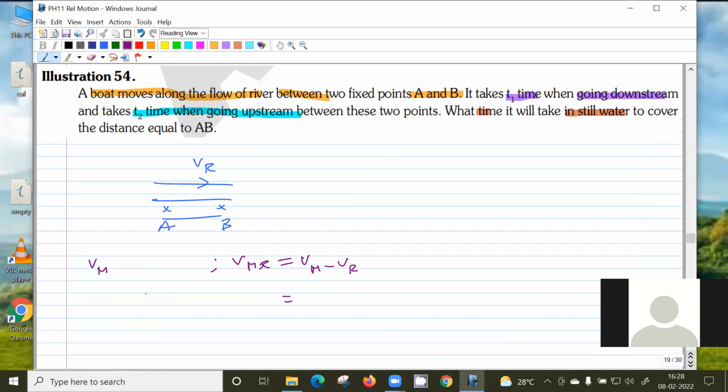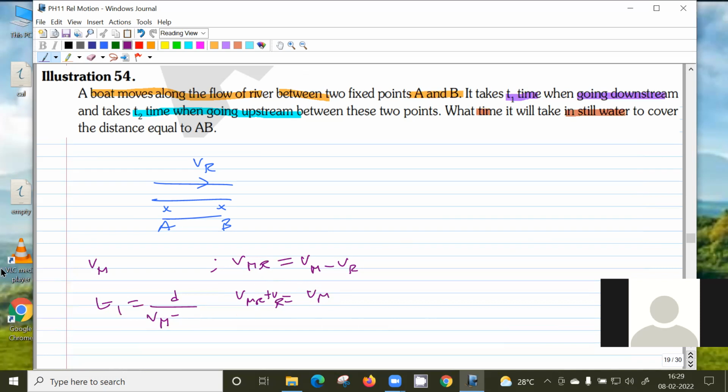So the time t1, this is distance divided by, sorry, velocity of man. So from this we get velocity of man as velocity of man with respect to river plus velocity of river. Velocity of river is fixed and velocity of man with respect to river is fixed. This is swimmer's capability.